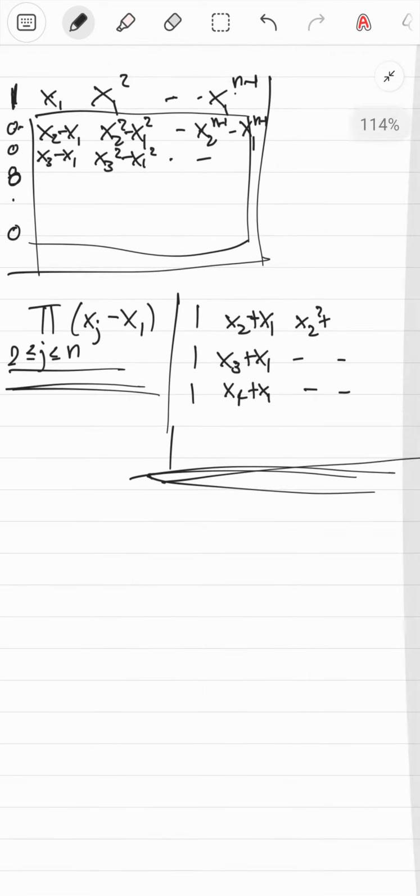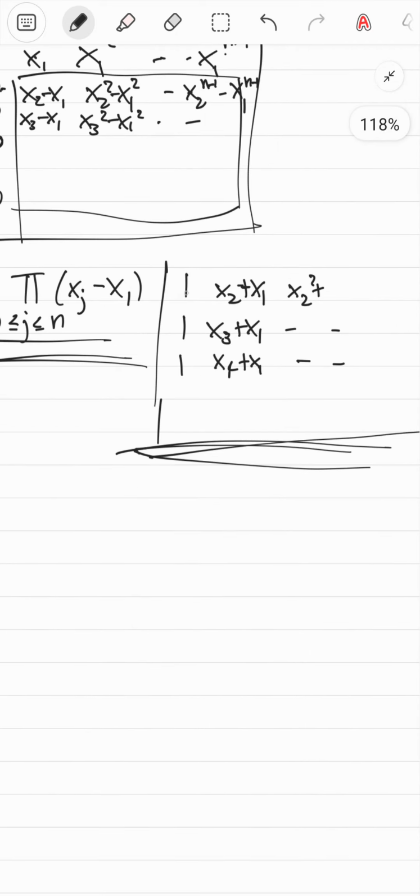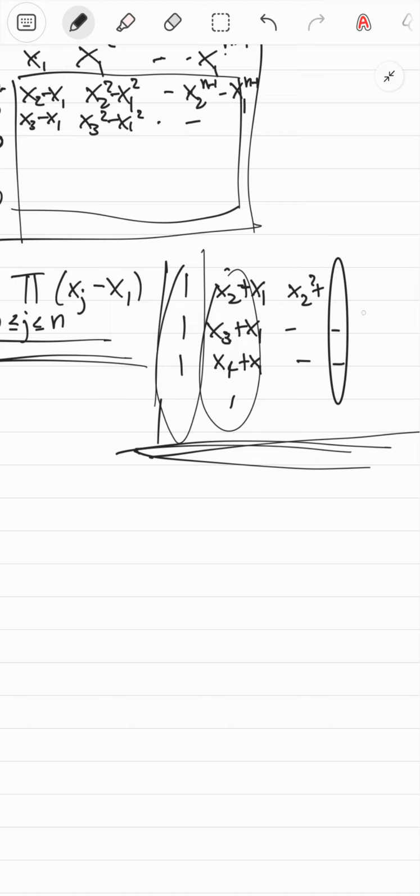You don't believe me? Do this thing. Subtract x1 times the first column from the second column. You just get x2, x3, and so on. So that column is now constantified, if you would call it that. Then subtract x1 times this column from the next column, so this middle thing will be gone, and over here you have all these x1 squared terms, which can be easily taken out by multiplying this column by x1 squared and subtracting from here, right?